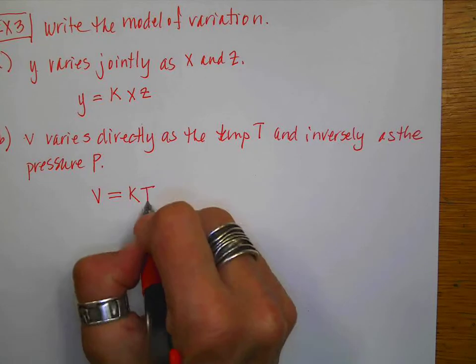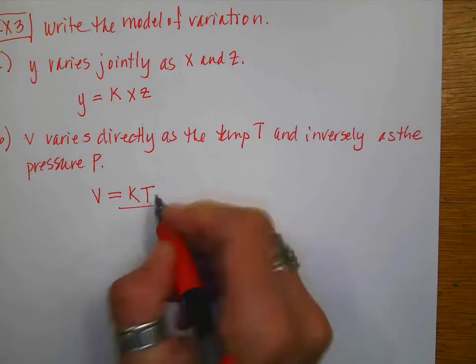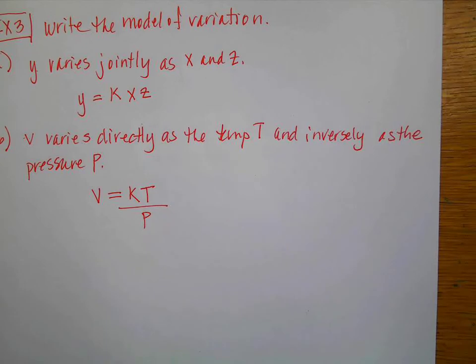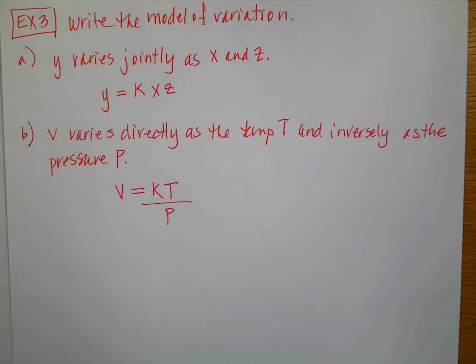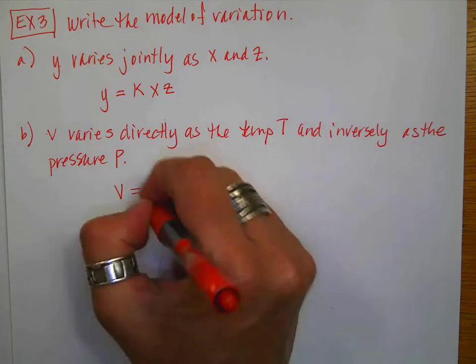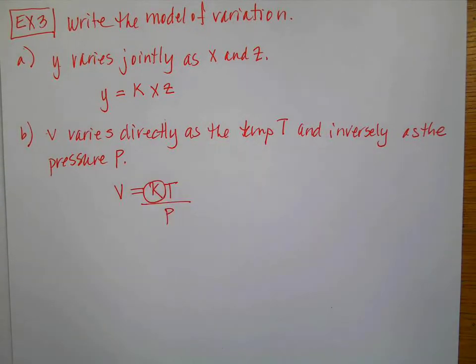V varies directly as the temperature and inversely as the pressure. Now, the one thing to notice about problems that have mixed types of variation, there's only one K. If it was a unique situation and it had multiple variables or multiple constants of proportionality, that would have to be stated in the problem. Typically, at our level, there's only going to be one constant of proportionality.